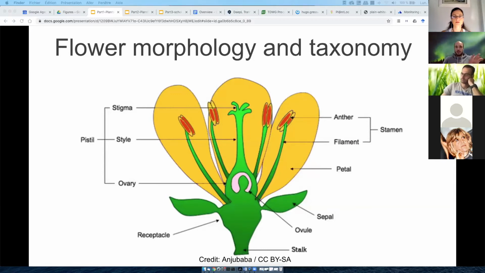The female part, illustrated on the left, is divided between the stigma, the style, and the ovary at the base. Some flowers have both female and male parts, others have only female or male ones. Petals and sepals at the base of this figure form the perianth, a flower part which can be optional.